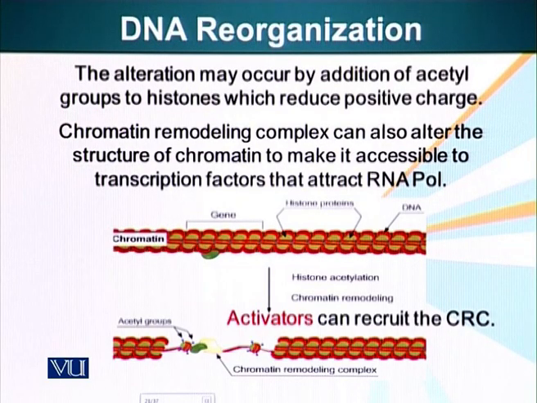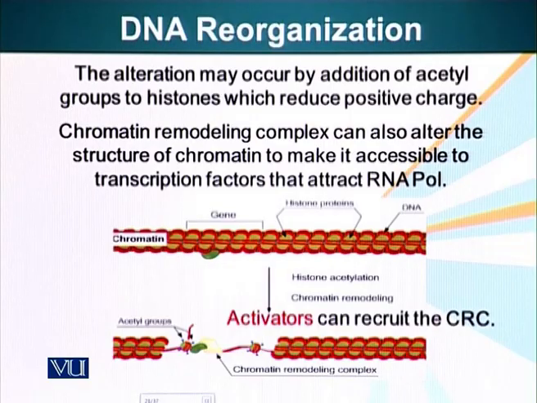When these groups are placed, here you can see the blue dots on this figure are basically the acetyl groups. These acetyl groups, because of their negative charge, repel the DNA, which is also negatively charged. So DNA loosens up, and now it is available to interact with the machinery that is responsible for transcription.